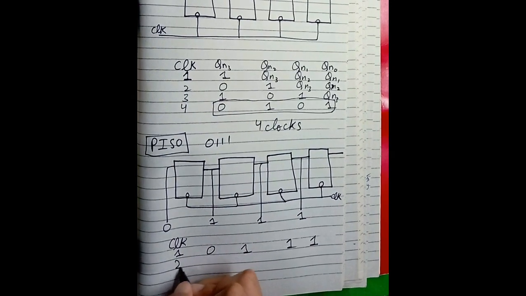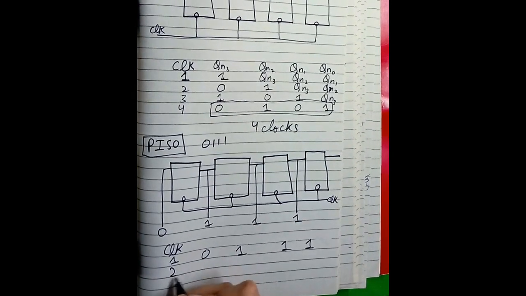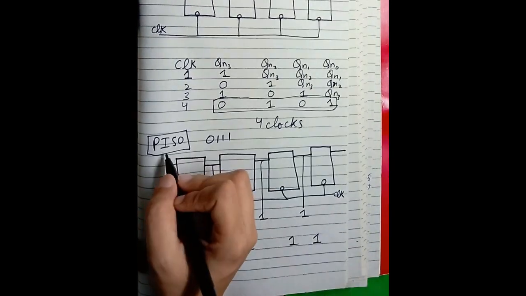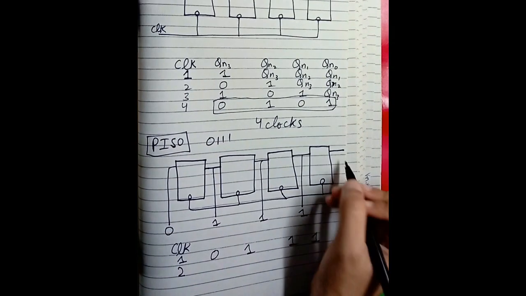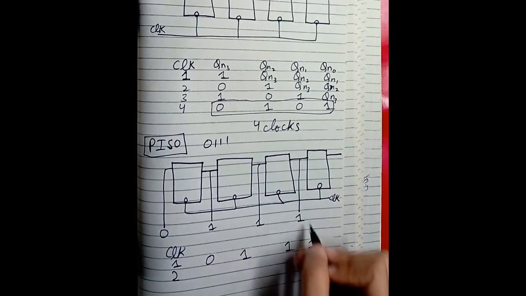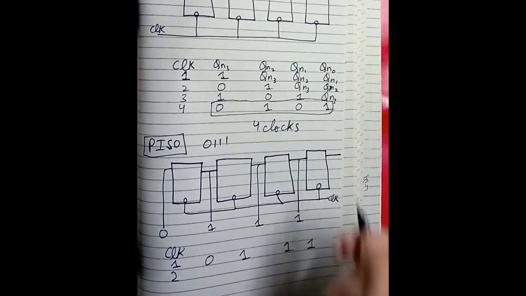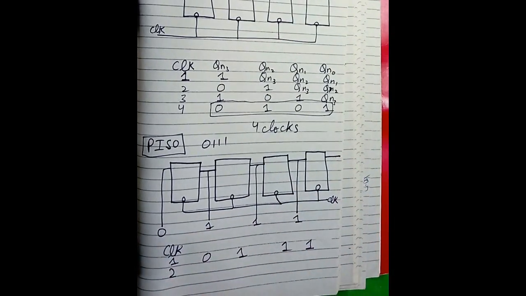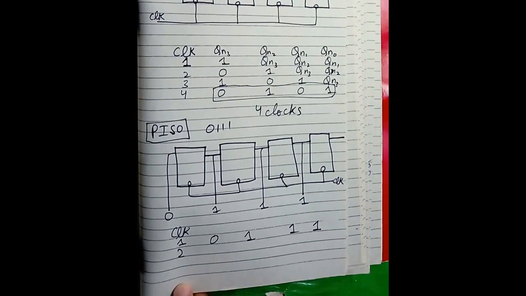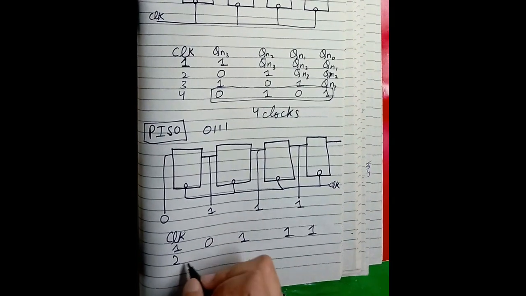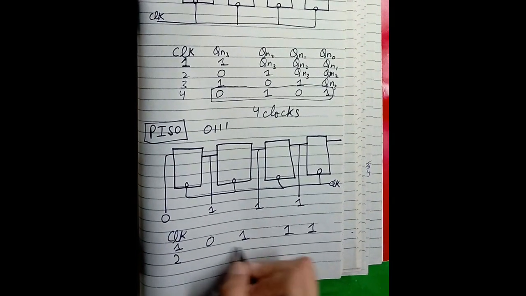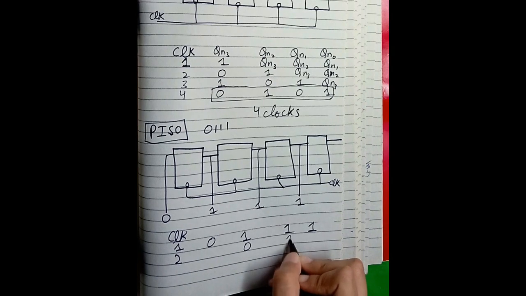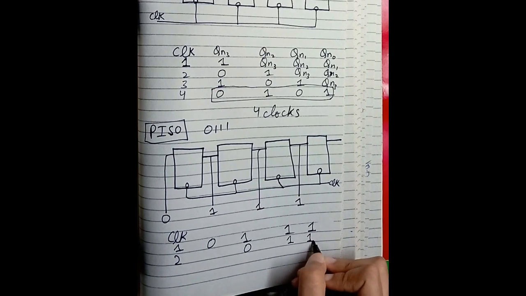On the clock 2, why are we using the clock 2? Because these are the parallel inputs but the serial output. On this output, we are having 1 at this time. Now to get all the values at the output, we have to do the other clocks also. So for the clock 2, this 0 will move forward, this 1 will move forward, this 1 will move forward.